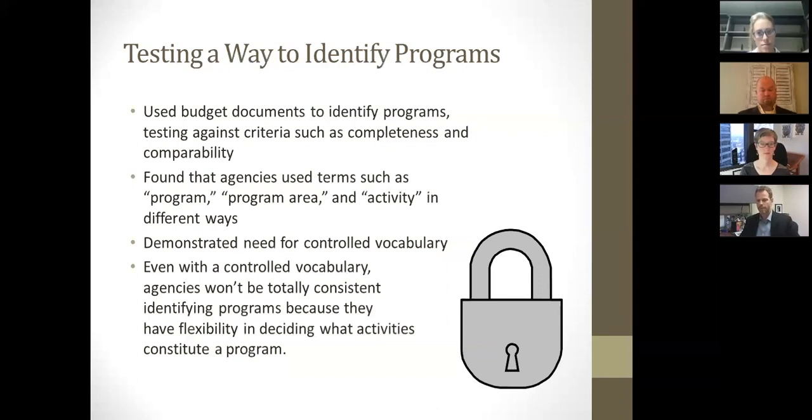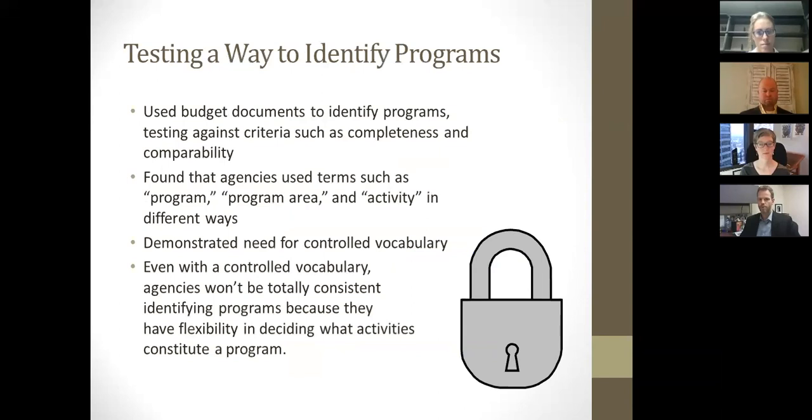And we tested the budget documents at 3 agencies. Like Molly said, we couldn't test it against the whole federal government and all of the programs. So we chose 3: the Department of Education, Department of Homeland Security, or DHS, and the United States Agency for International Development, or USAID. We chose those agencies to get a range of the different ways agencies had completed their initial inventories, and also a range of agency structures.